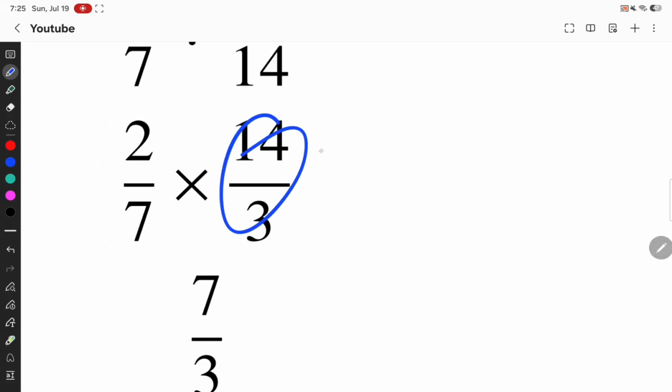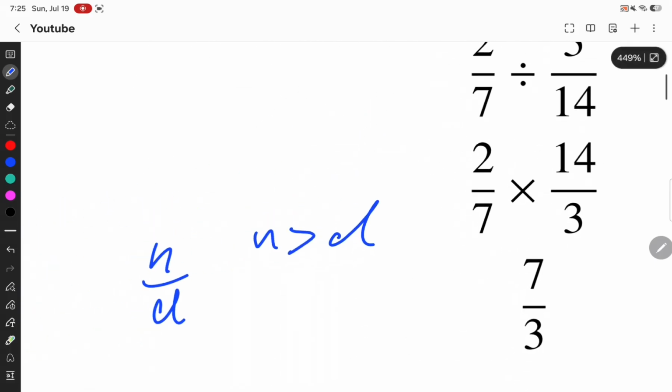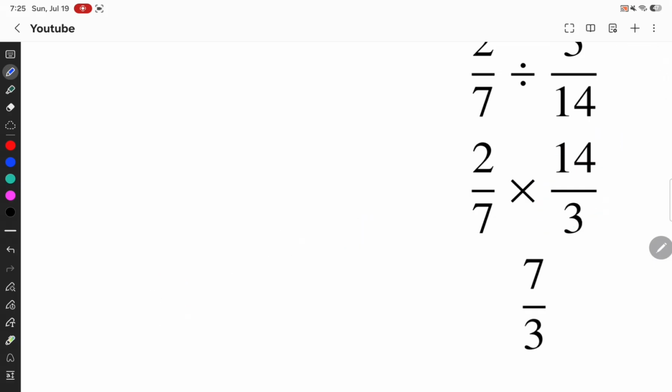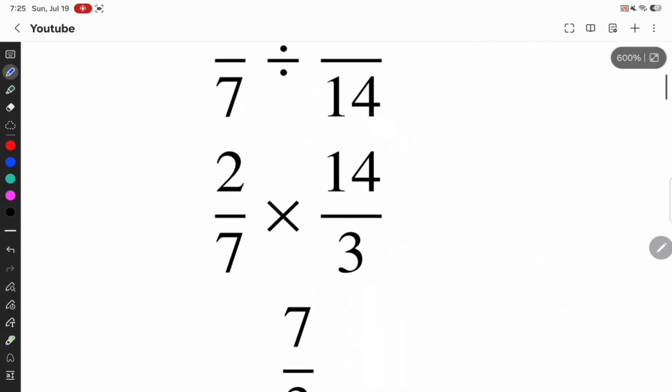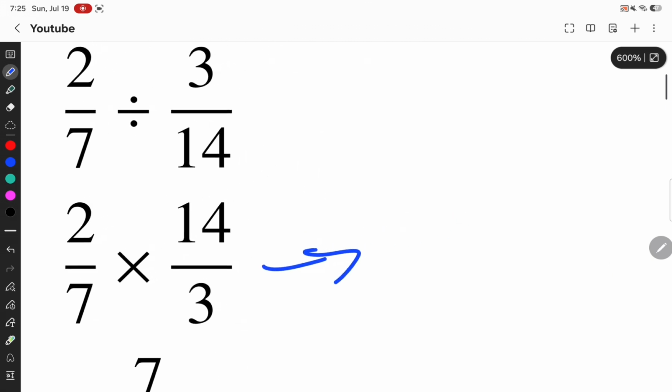But here this is an improper fraction. This is like, I don't know, a random quantity. This can be represented in terms of a mixed number then, where this will become 4 2/3. Okay, this is the mixed number representation of the number.